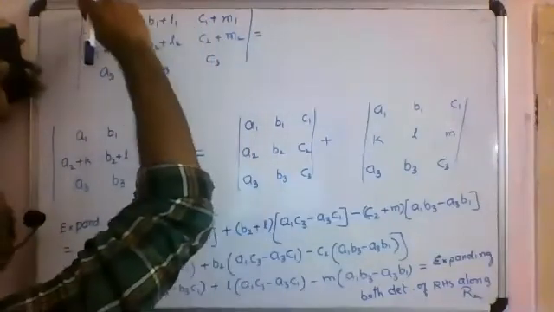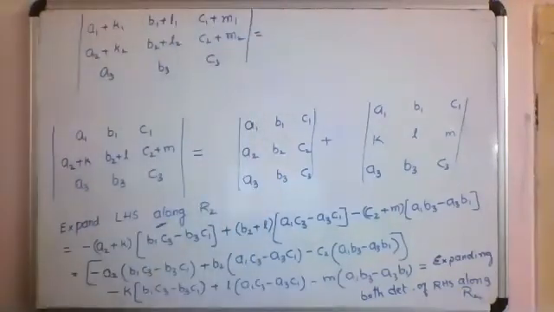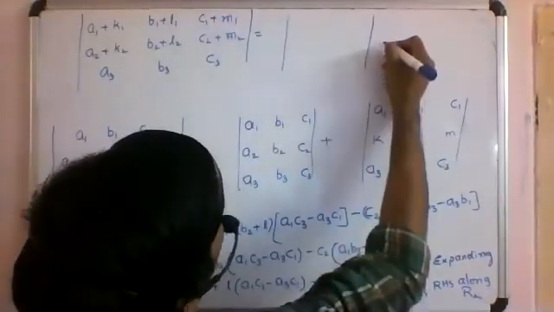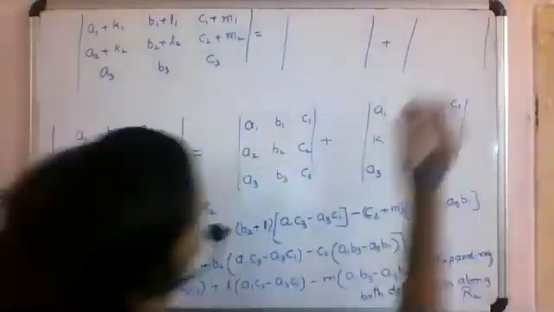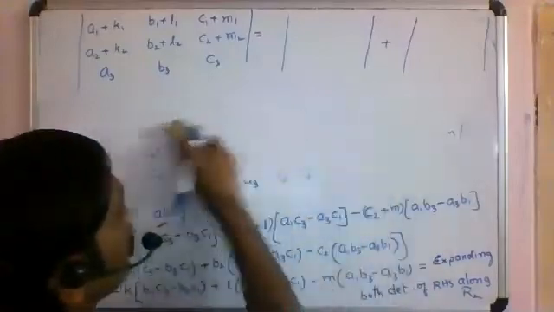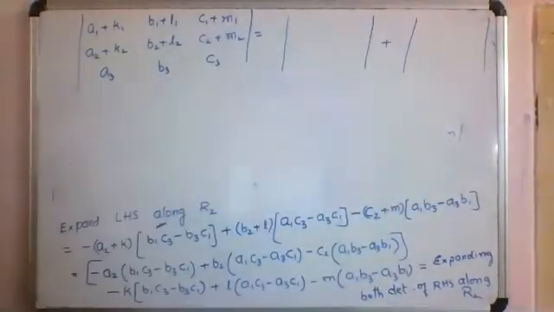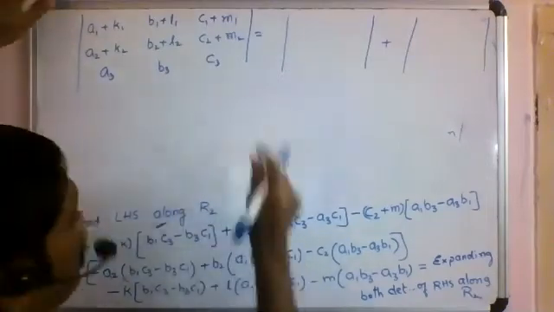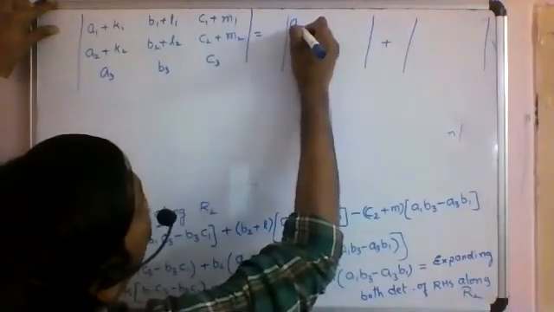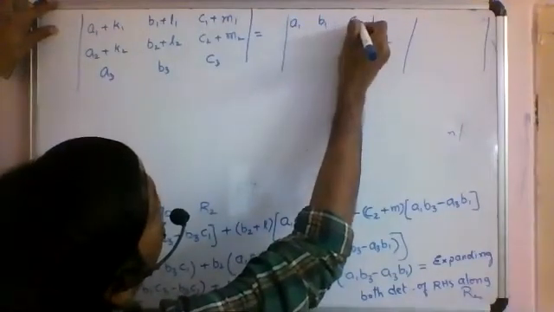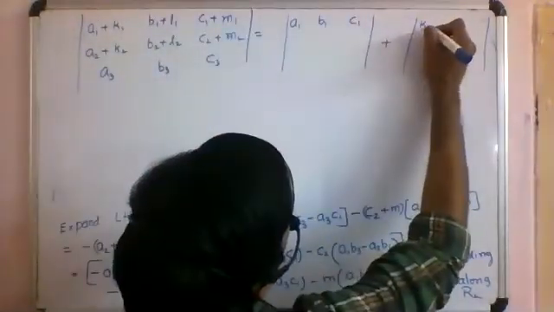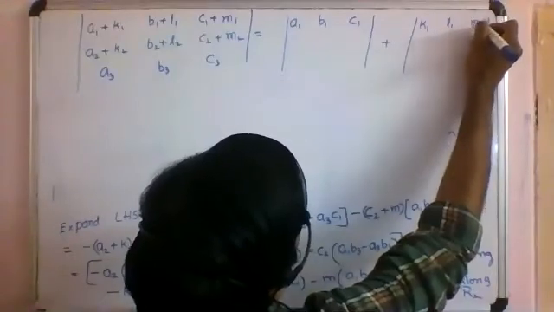Now you concentrate on only the elements of first row, so we can split into 2. What about second row, third row? They should be as it is. So according to this property, here A1, B1, C1 should come, and here in the second determinant K1, L1, M1 should come.